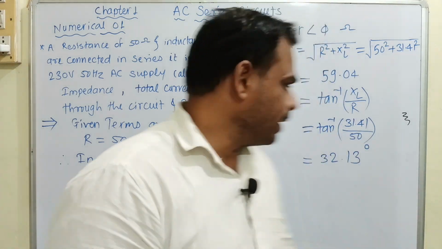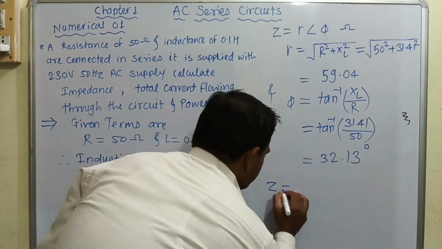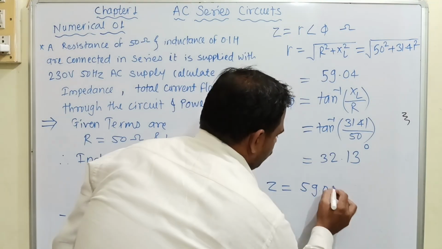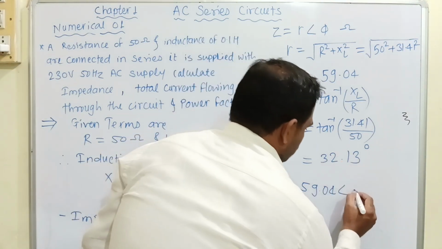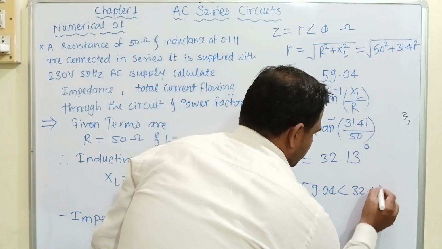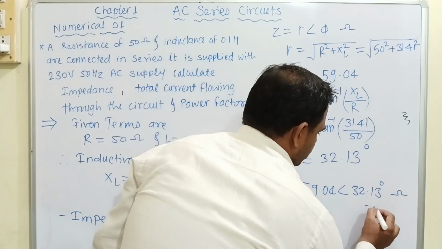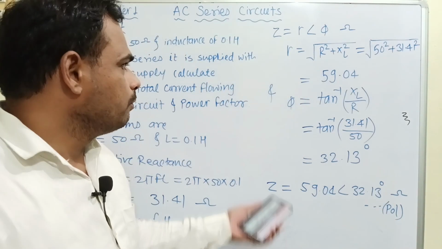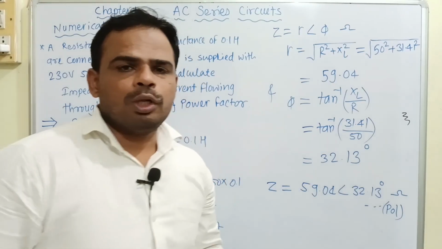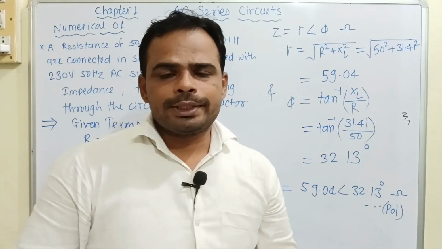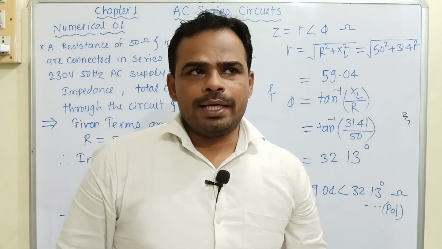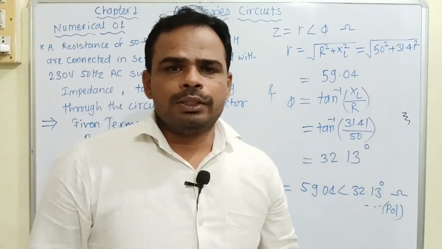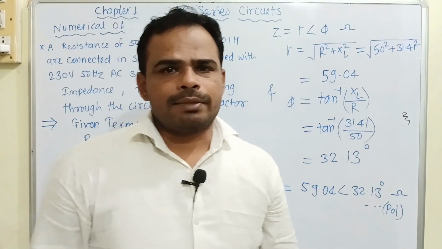So we can write the value of Z is equal to 59.04 angle 32.13 degree ohm in polar form. Polar form is necessary to do operations like multiplication and division, and rectangular form is used for operations like addition and subtraction.